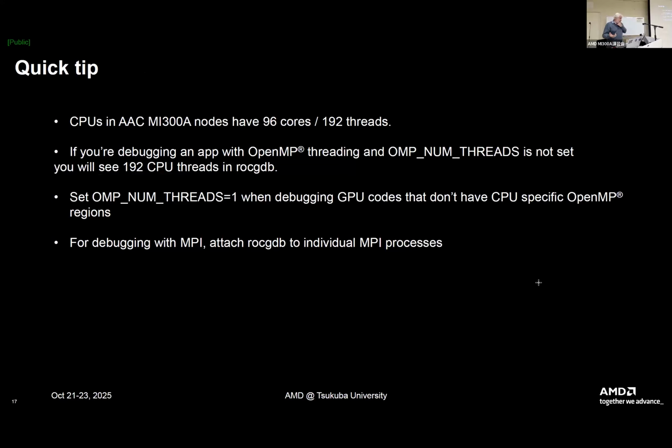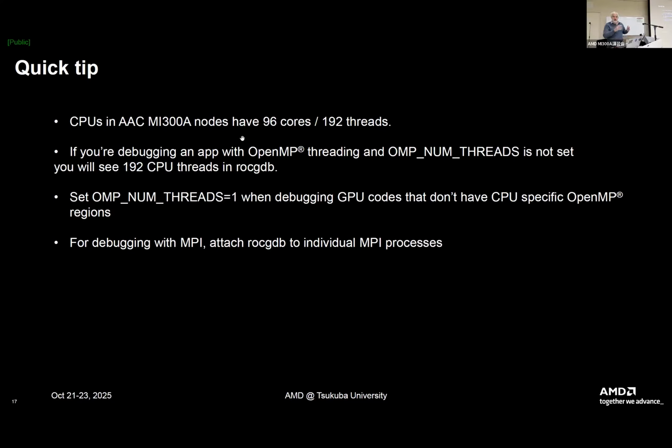So on the CPUs, we have 96 cores with virtual threads. We can make that 192 threads. So we have 3 CPUs, total 96 cores. It is best to set this OMP_NUM_THREADS variable to 1 so that we're not having to look through all the threads.